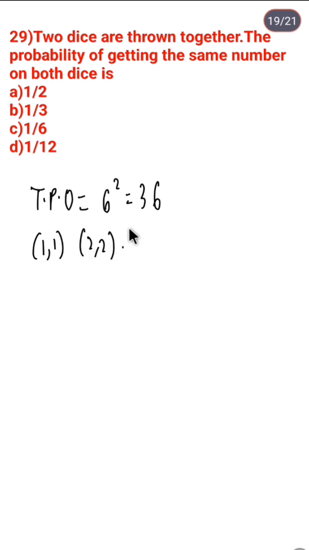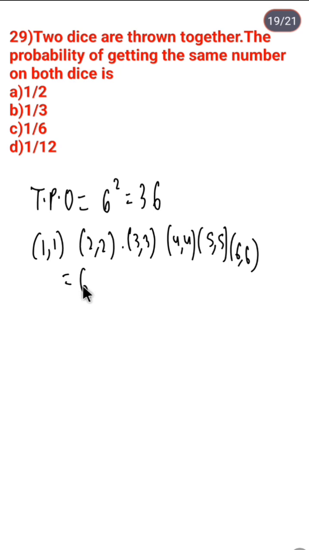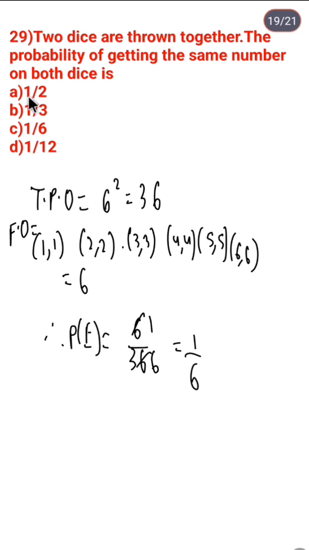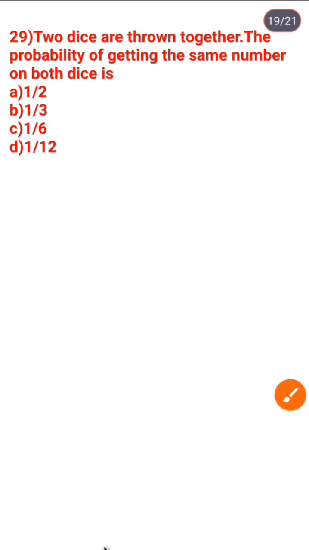How many numbers? 6 numbers. This is the favorable outcomes, that is 6. Therefore probability will be 6 by 36. 6 ones are 6, that is 1 by 6. Option C. Next question.